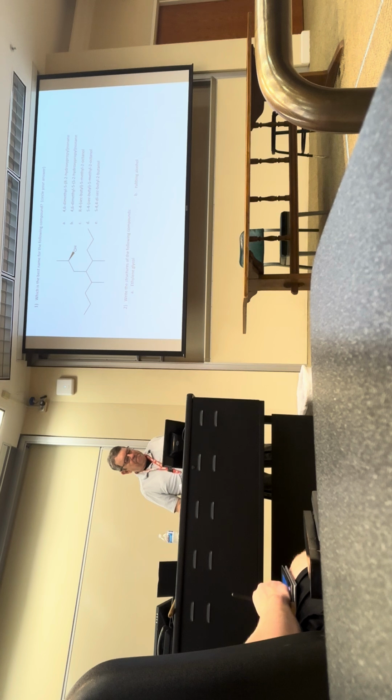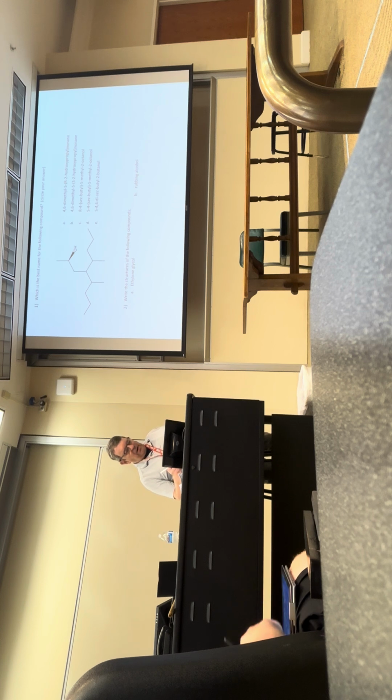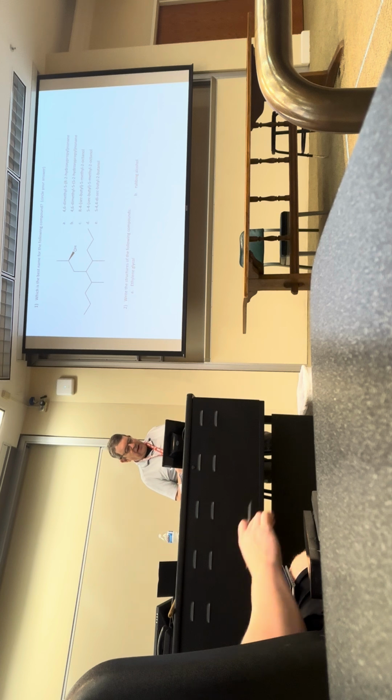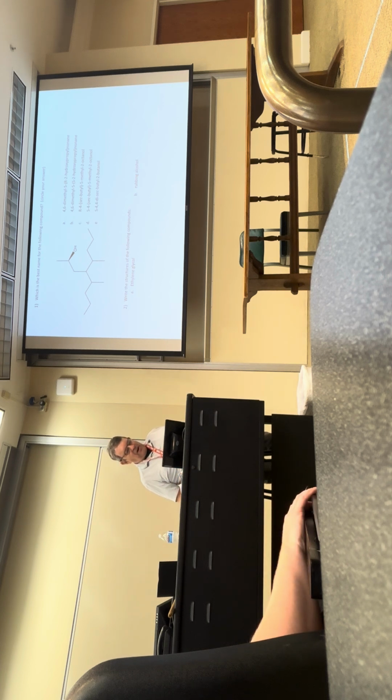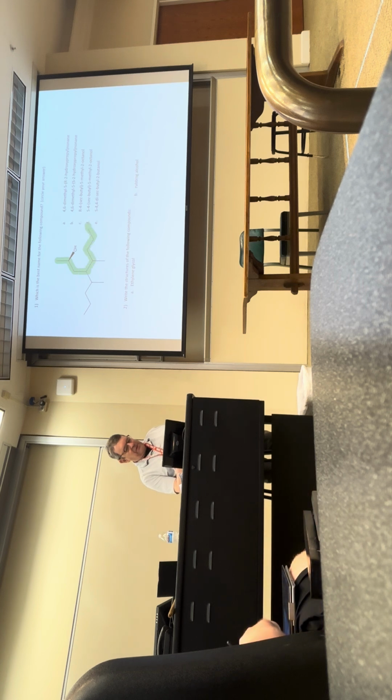So, naming this compound, your first thing, of course, is you're looking for the parent chain, and it's the longest chain with your highest priority functional group, which is alcohol here. And there are 2 ways that you can do this, and they're equivalent.